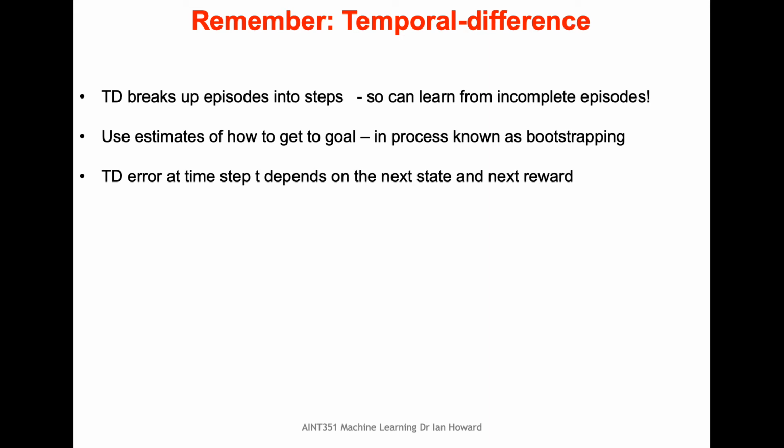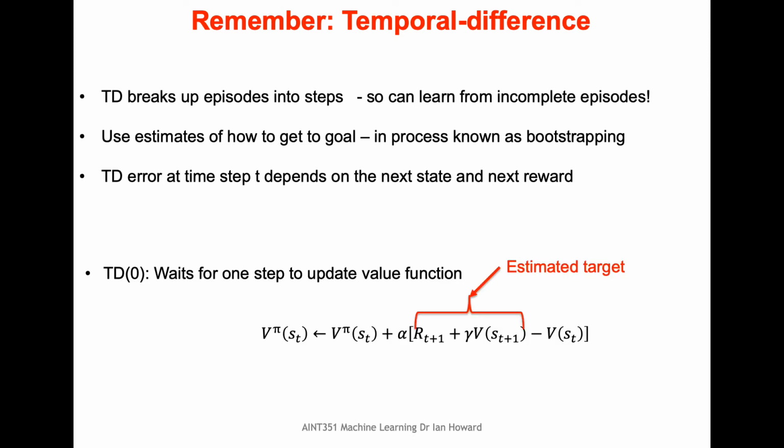So at each step, the error term, how far we are from how much we need to update by, depends on the next state and the next reward. So it only needs to wait a single step to update the value function, which obviously has big benefits over having to wait a lot of steps like Monte Carlo.